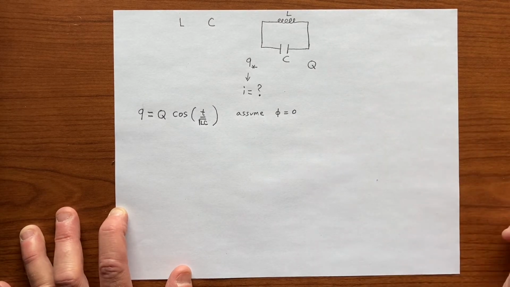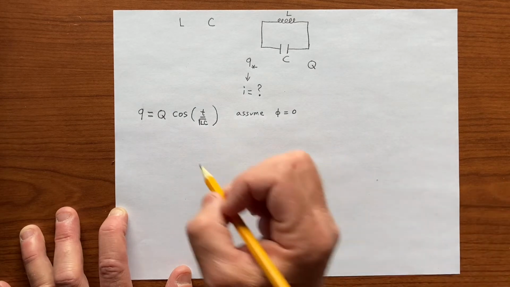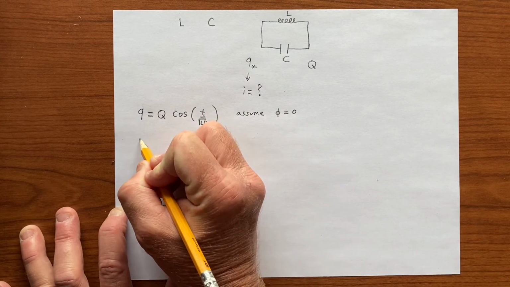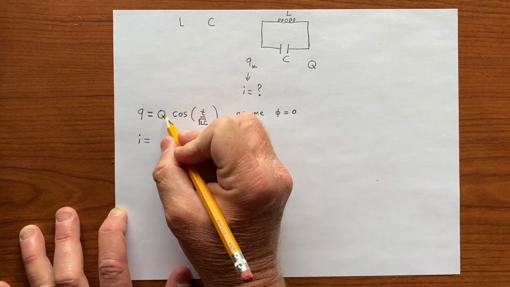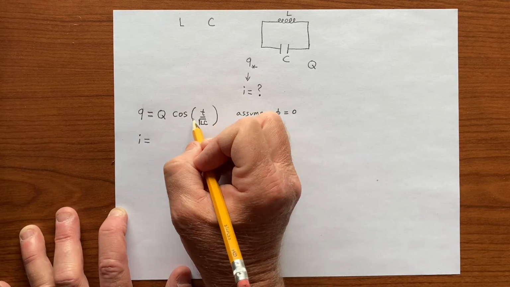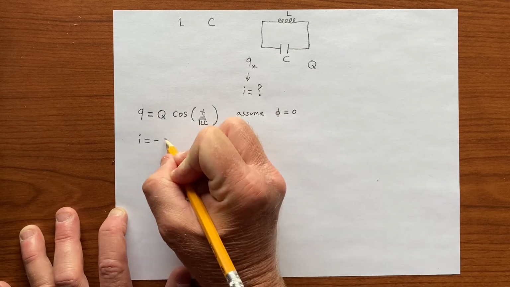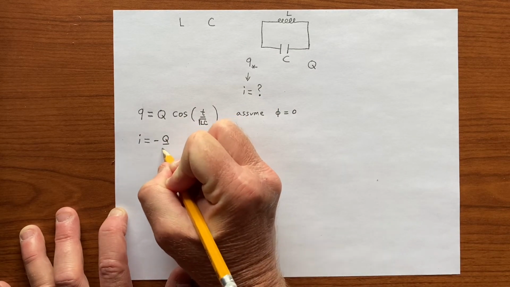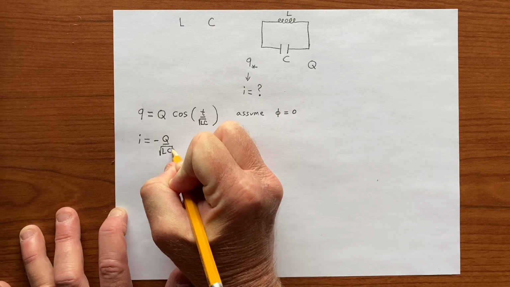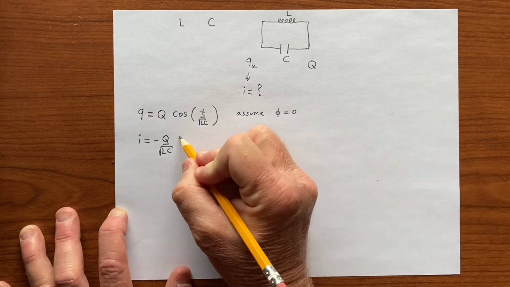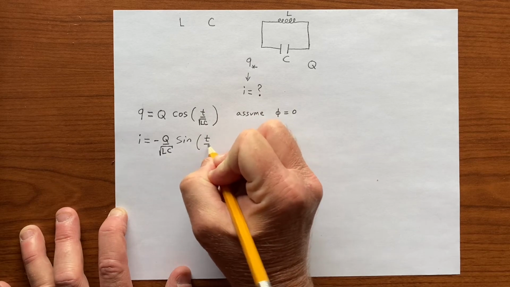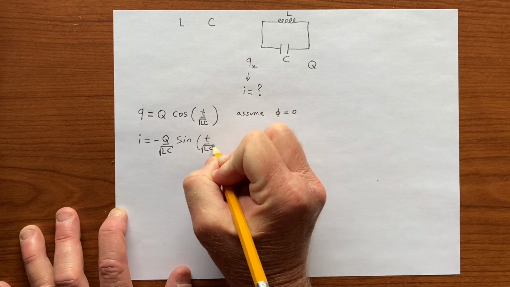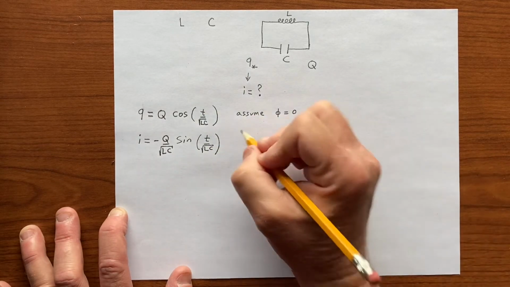And what we need is the time to find the current, which is the derivative of this. So that's going to be a minus sine. We're going to bring in 1 over the square root of LC, so we get sine of t over the square root of LC.